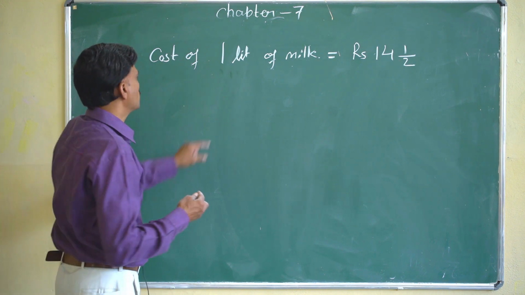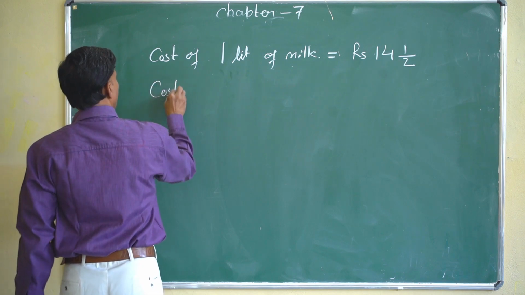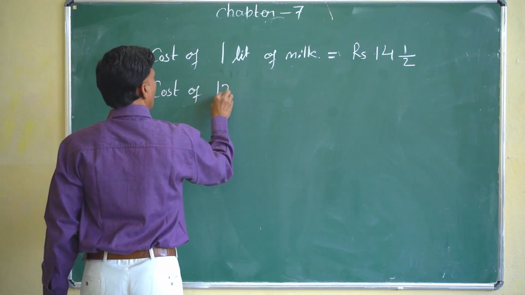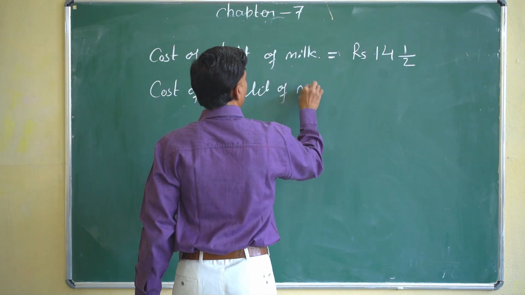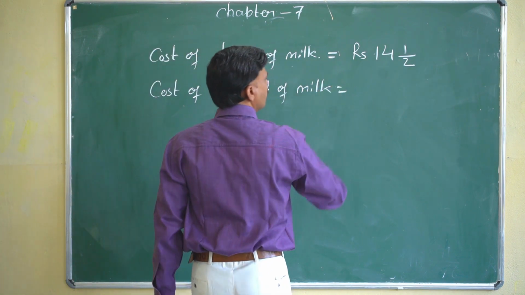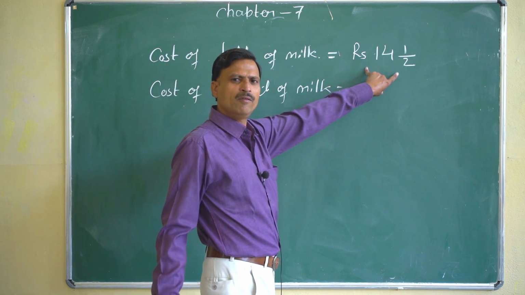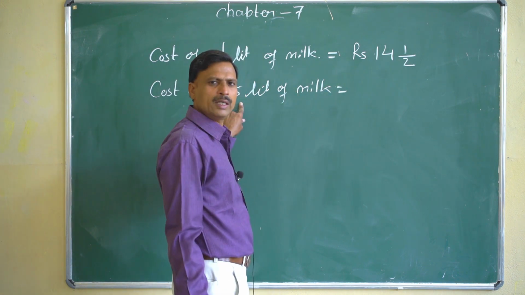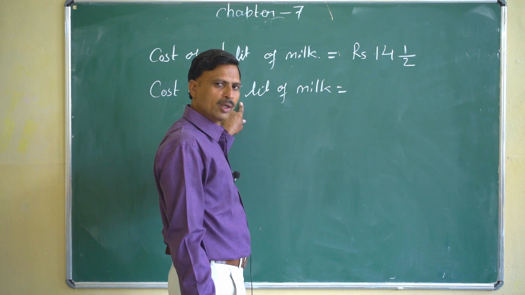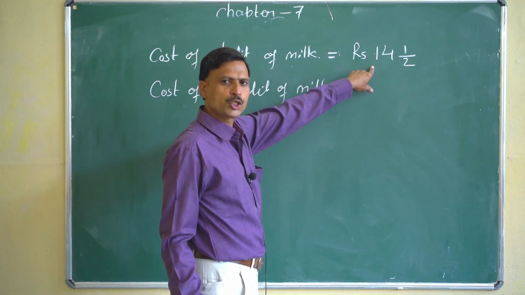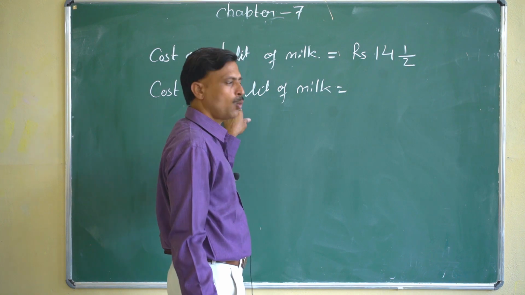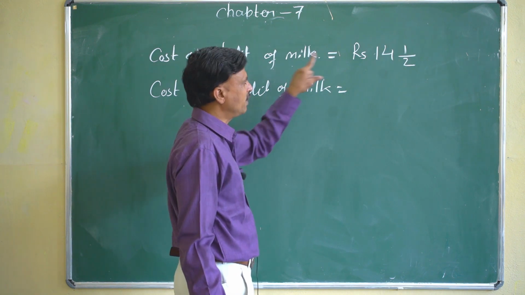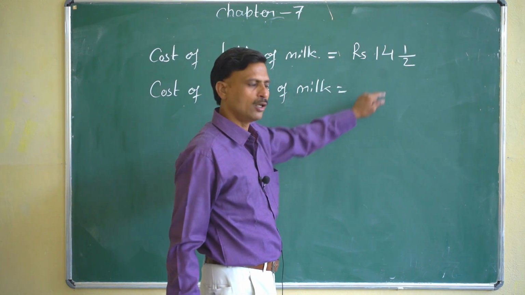The cost of 125 liters of milk: this value will be multiplied by 125, because this is the cost of 1 liter of milk and we want to find the cost of 125.